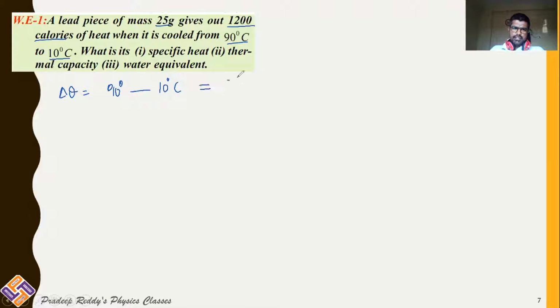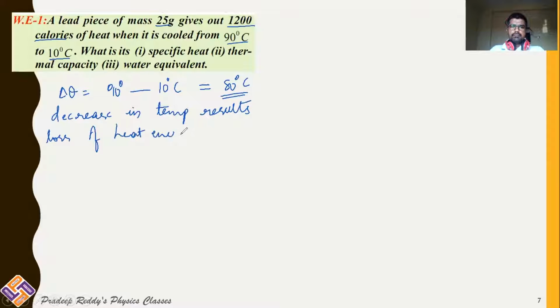This gives you 80 degrees Celsius decrease in the temperature. Decrease in temperature results in loss of heat energy.